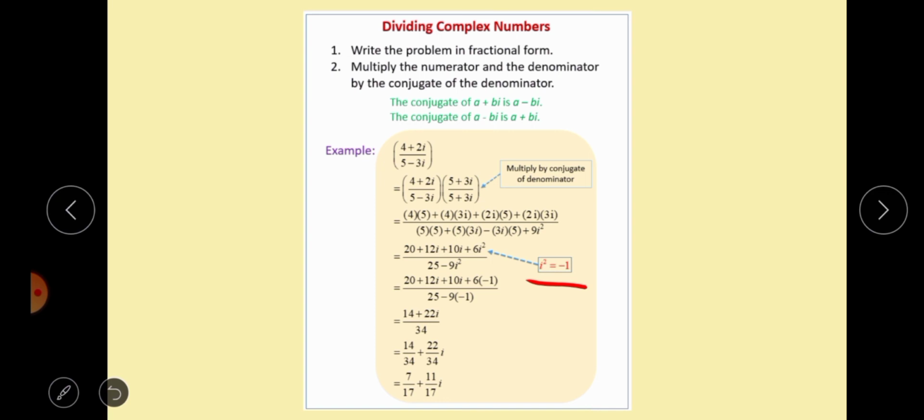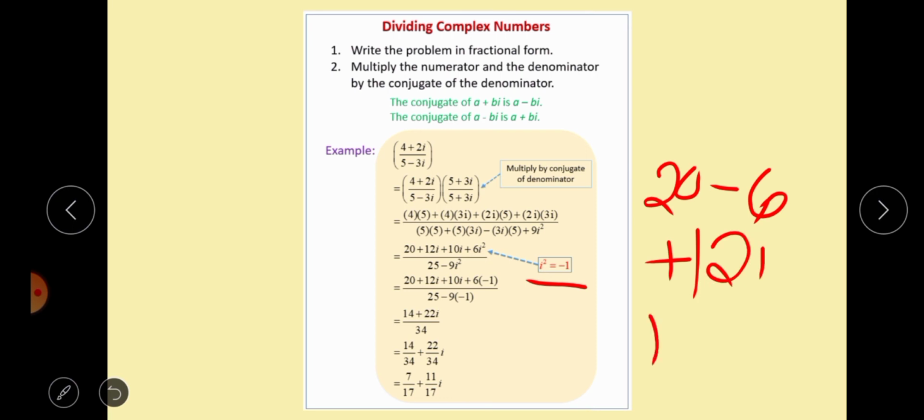And then combine like terms. 20 minus negative 6, because 6 times negative 1 is equal to negative 6, plus 12i plus 10i.